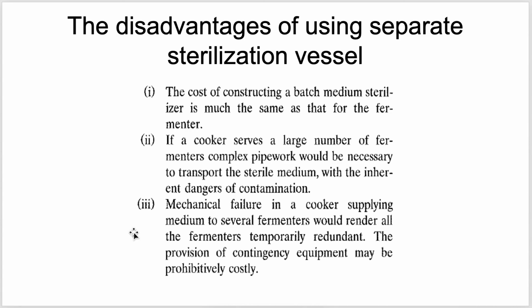Accidents can happen, so we can have some provision of contingency, which is called a contingency plan. But if we have to have some contingency equipment, it will again increase the cost. Sometimes that cost can be so much that we cannot actually have any contingency plan.